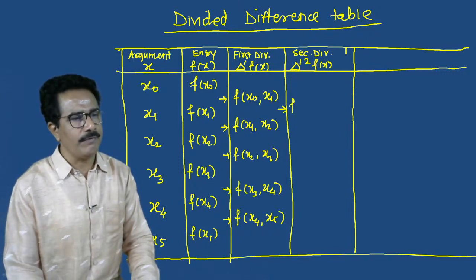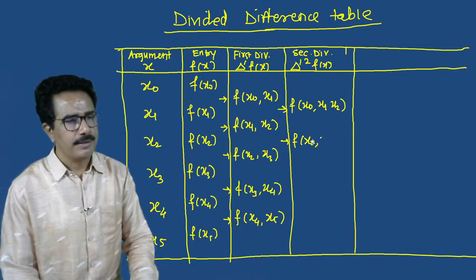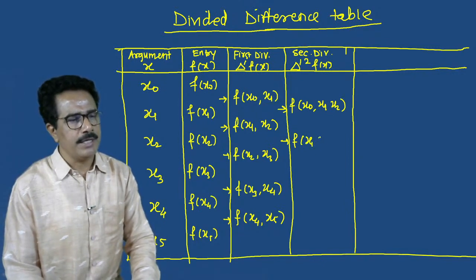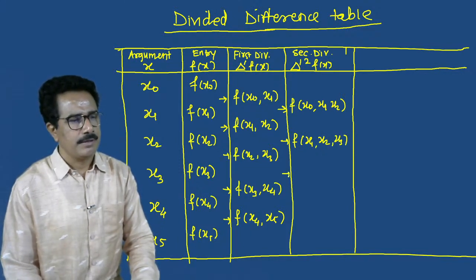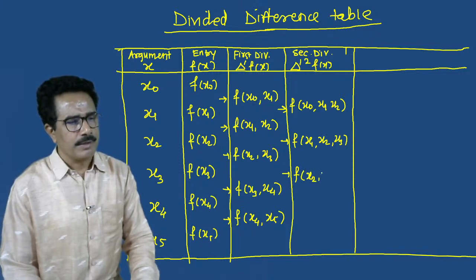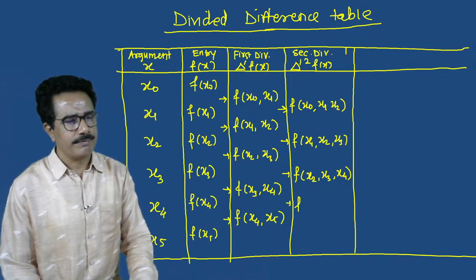The difference between two: f of x0, x1, x2; f of x1, x2, x3; f of x2, x3, x4; this is f of x3, x4, x5.